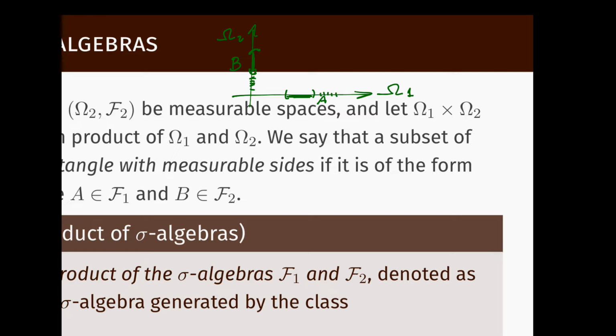Then we can, in quotation marks, define what is called the rectangle, which would be the Cartesian product of these two sets, A and B, and this is of course a subset of the Cartesian product of omega 1 and omega 2. So it will look like this Cartesian product.